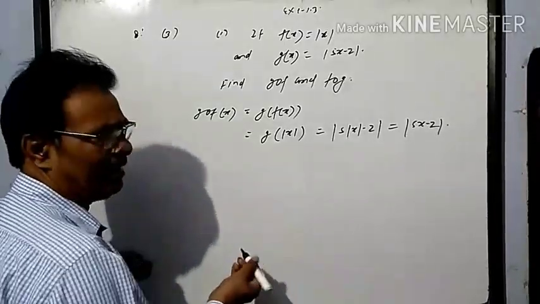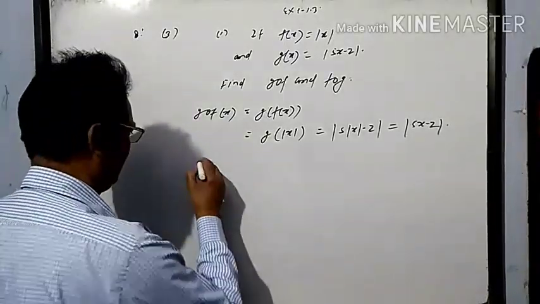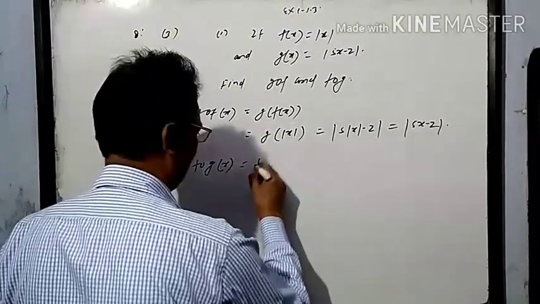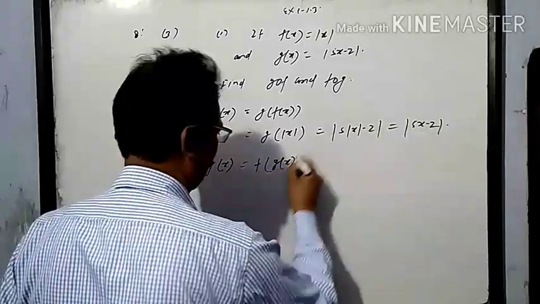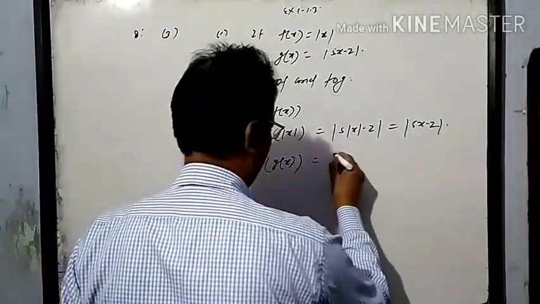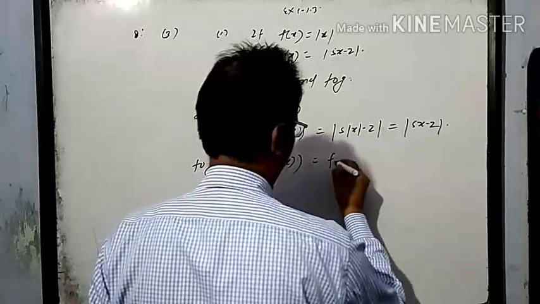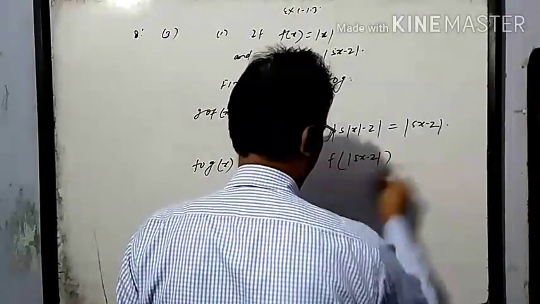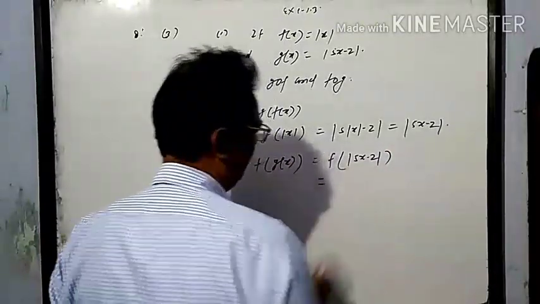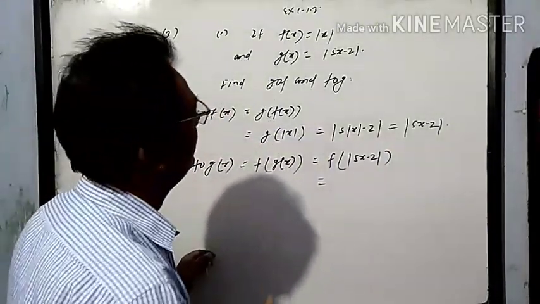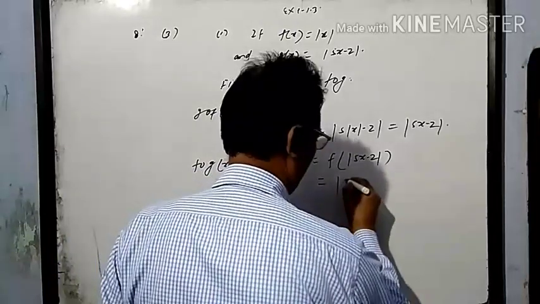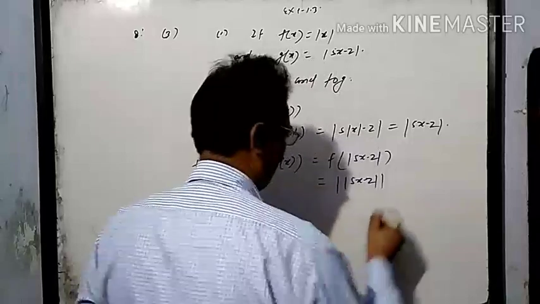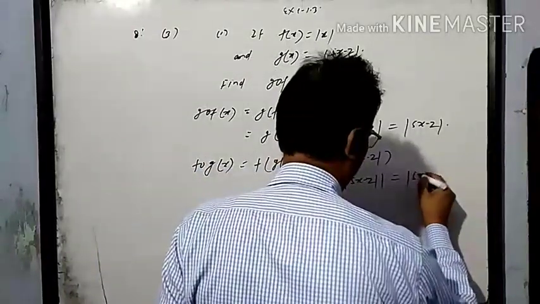Similarly, we find the composite function of g and f, which is equal to f into g(x), and g(x) is equal to mod 5x minus 2, and f of mod 5x minus 2 is equal to mod 5x minus 2.